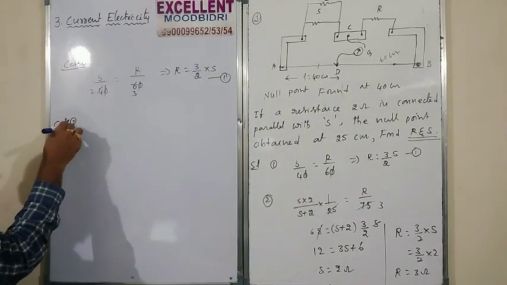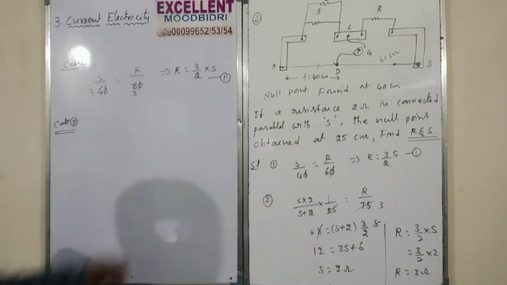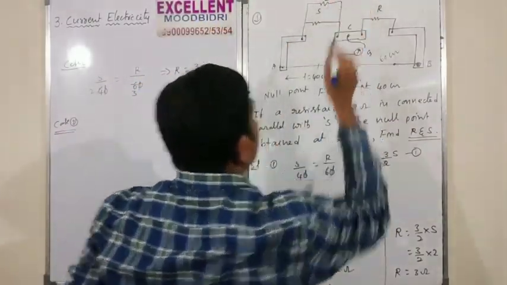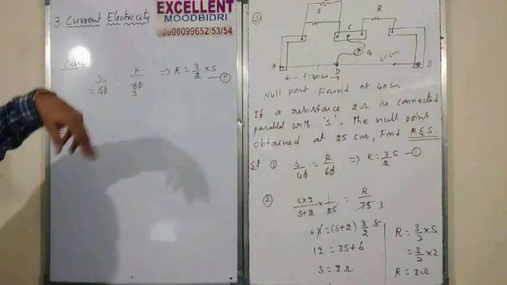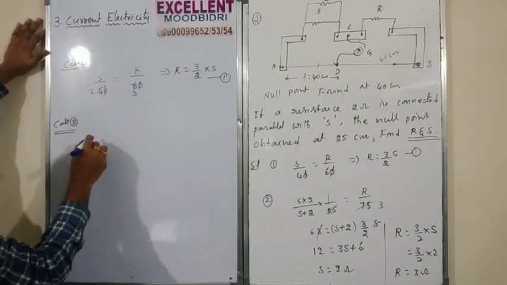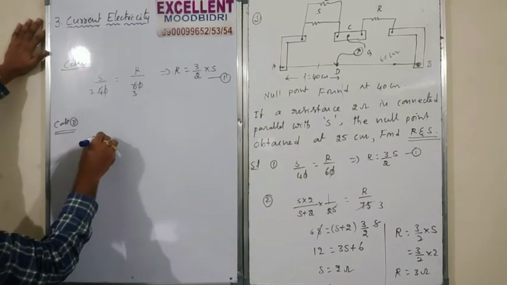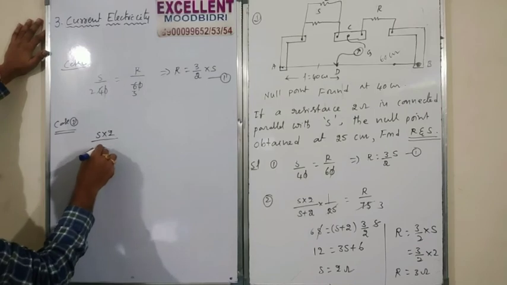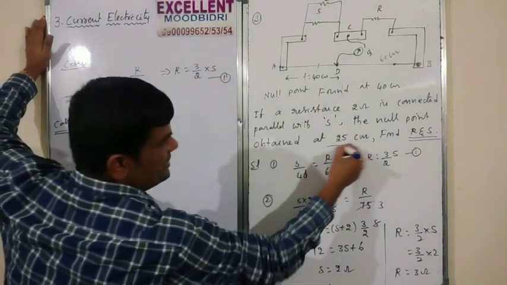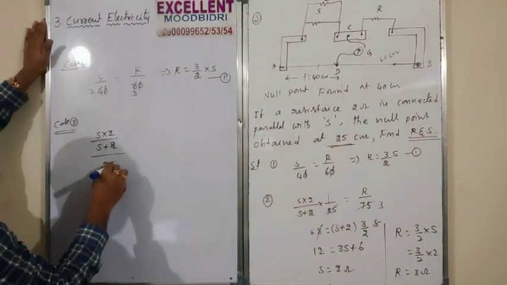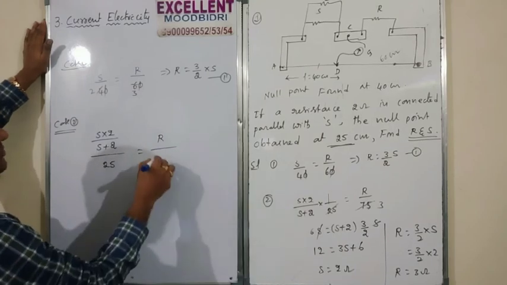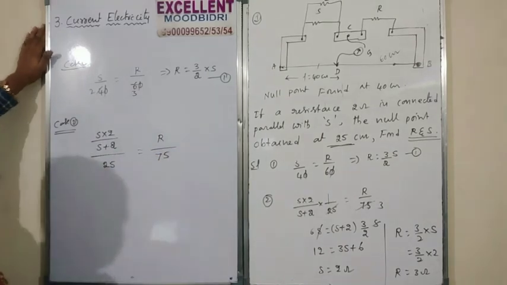Case 2: we have to connect a 2 ohm resistance in parallel to S. What does parallel mean? S into 2 divided by S plus 2, divided by the length. The null point is 25 centimeters, so 25 is equal to R, which we don't know yet, and the remaining length is 75.